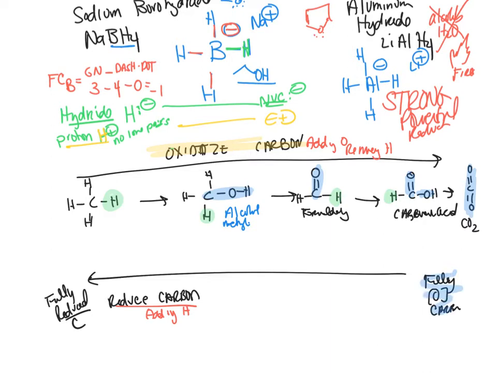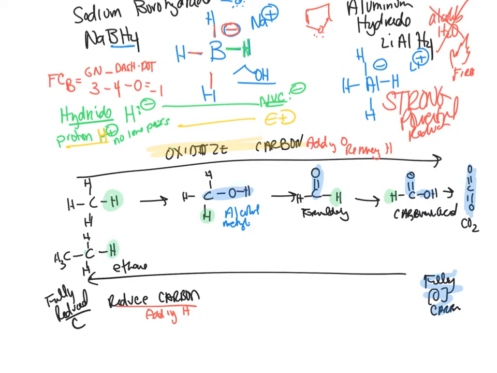If you have a carbon bonded to another carbon, let's say ethane, it only has 3 hydrogens on this carbon.